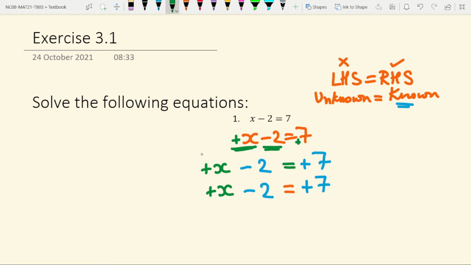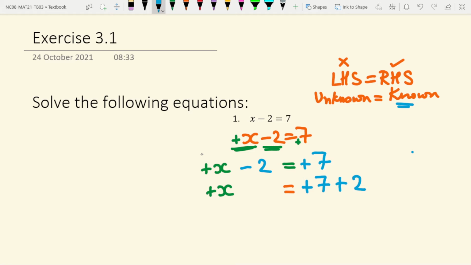Plus x is already there. We have to bring all the known terms to RHS. Minus 2 is a known term, but it is given in LHS, so we have to shift minus 2 to RHS. When transposing any term, the symbol will change. So minus 2 will become plus 2, giving plus 7 plus 2.